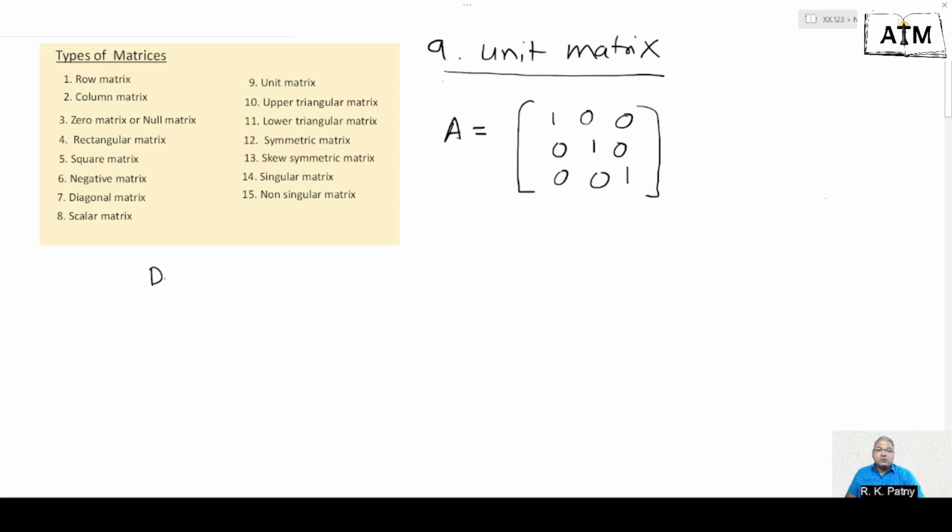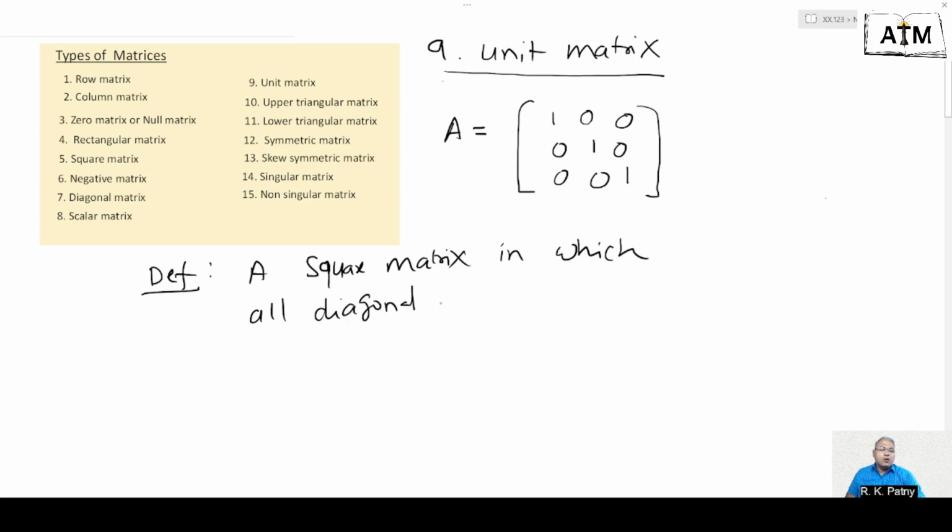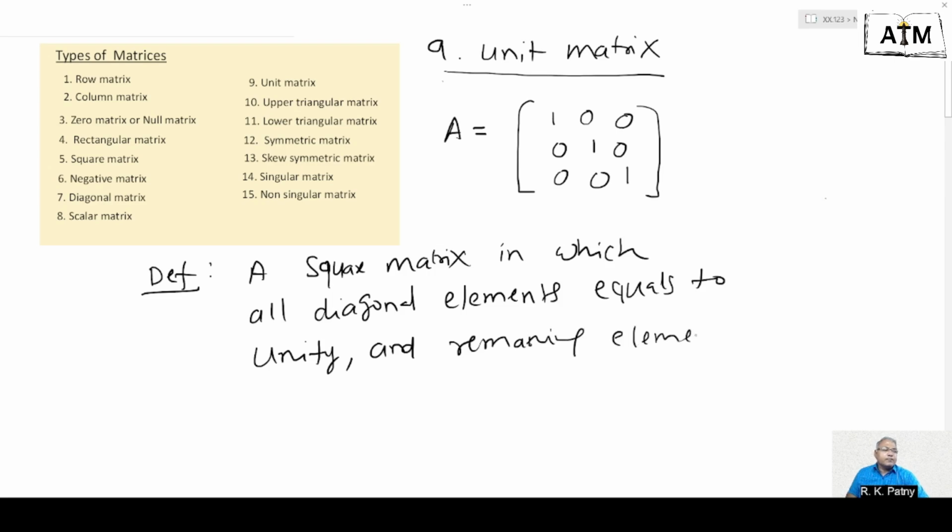So the definition of unit matrix: a square matrix in which all diagonal elements equal to unity and the remaining elements are 0, then it is called a unit matrix.